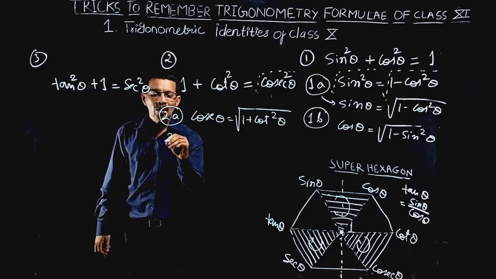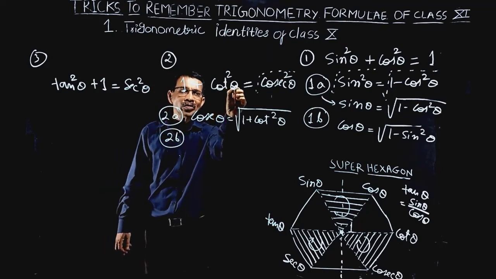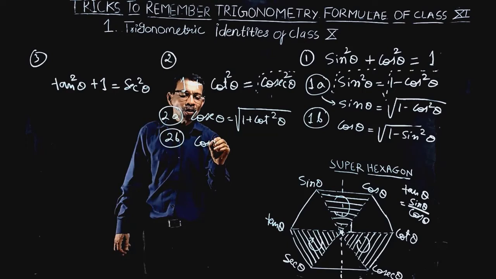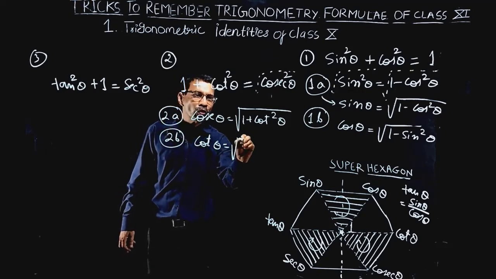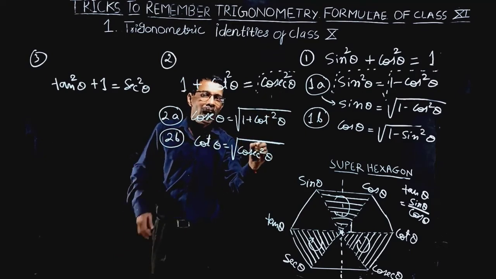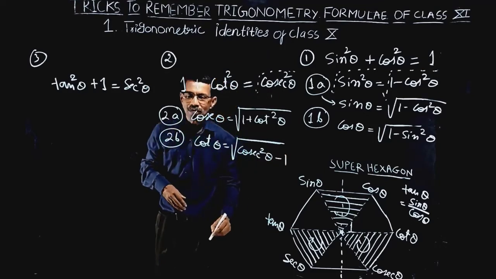Similarly, we can write the 2b formula as keeping cot square theta on one side and taking square root, this will become cot of theta, that is equal to square root of cosec square theta, and when I transfer 1 to that side, that will become minus 1.